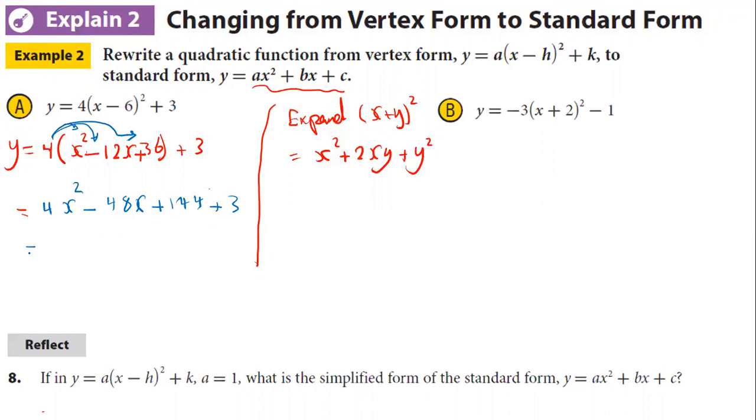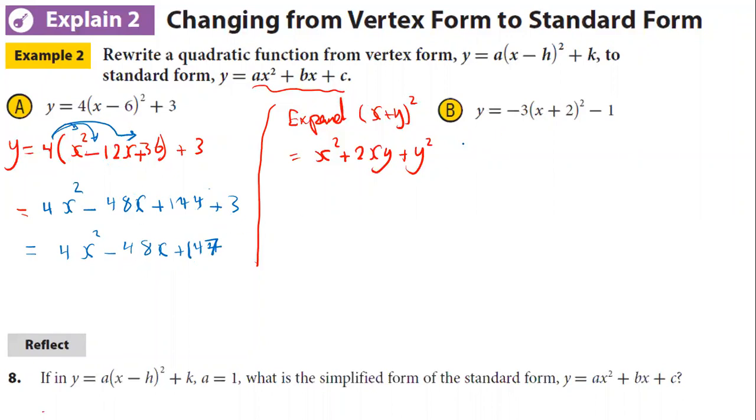The last step is combining like algebraic terms: 4x squared, minus 48x, 144 plus 3, 147. Sorry, 147. So we converted it from vertex form into standard form.